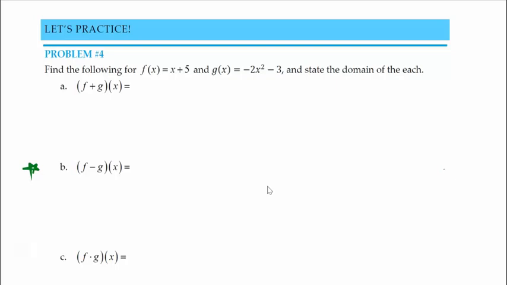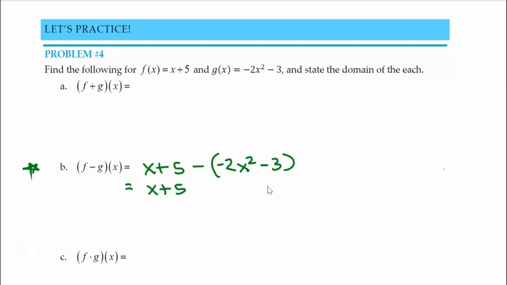So when I do this f minus g of x, I take my f equation, x plus 5, and subtract off all of that negative 2x squared minus 3. I put it in parentheses so I remember I've got to distribute that negative through to everybody.